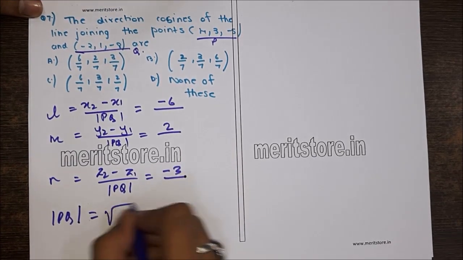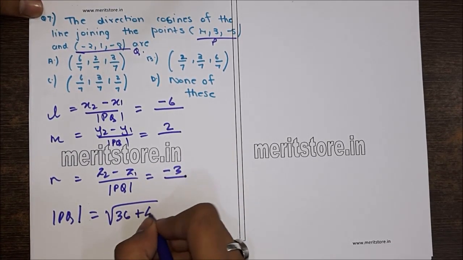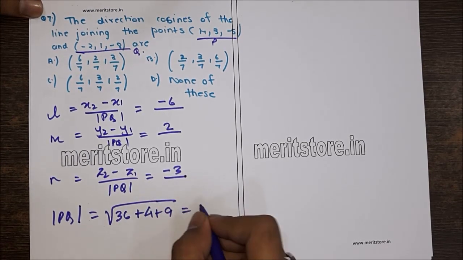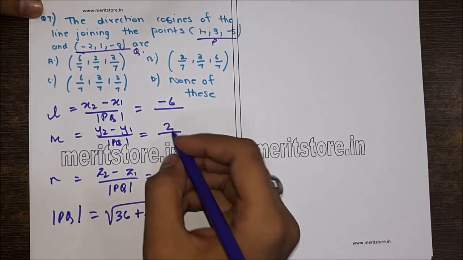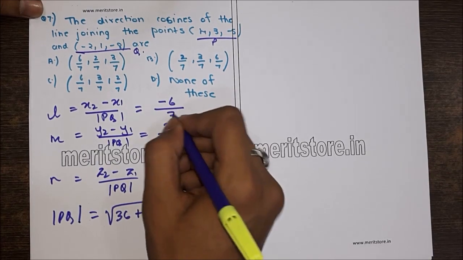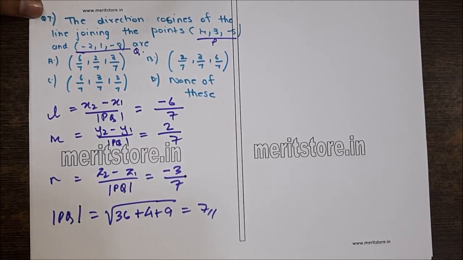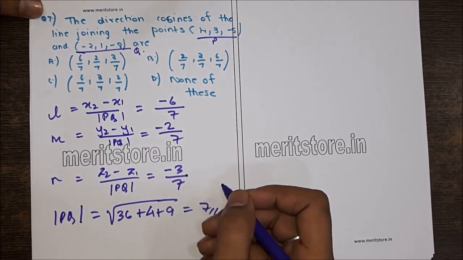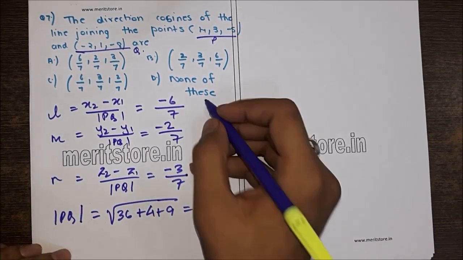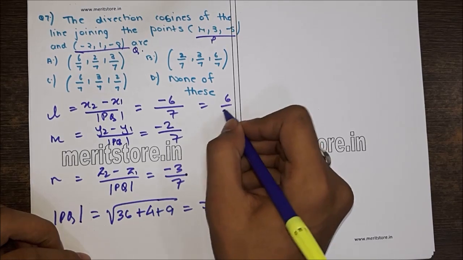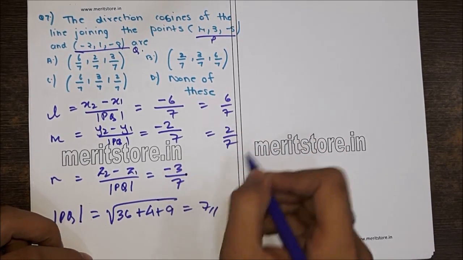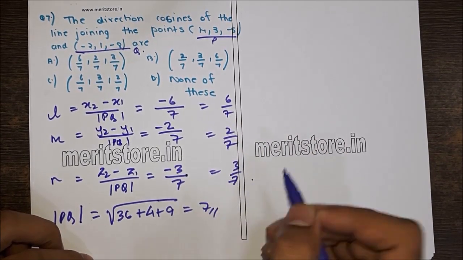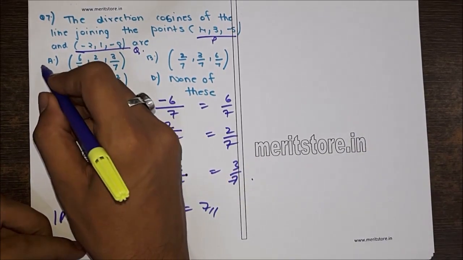Now mod of PQ would be root of 36 plus 4 plus 9, which is equal to 7. Multiplying throughout by minus 1, we get 6 by 7, 2 by 7 and 3 by 7. So our correct answer is option A.